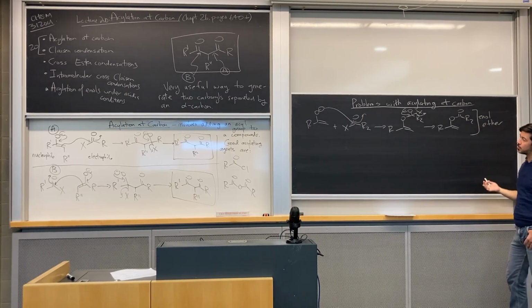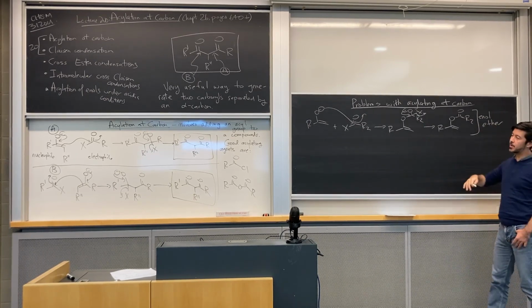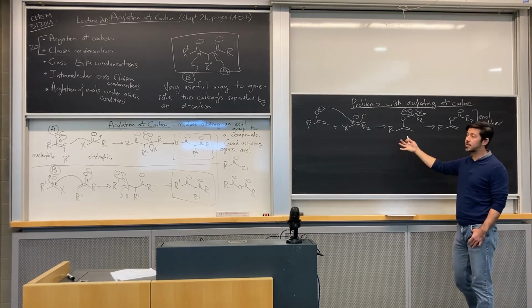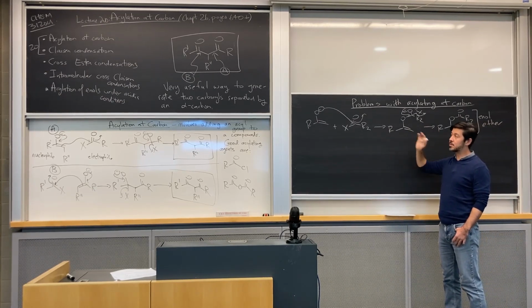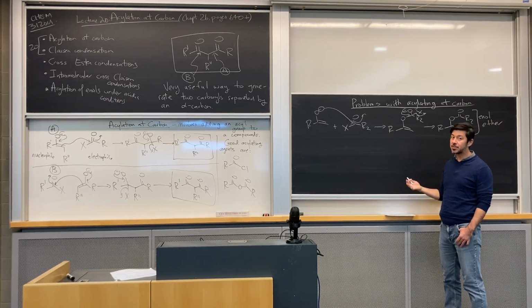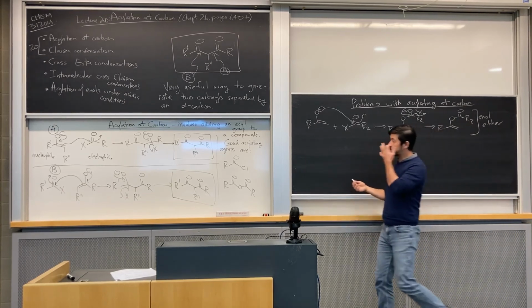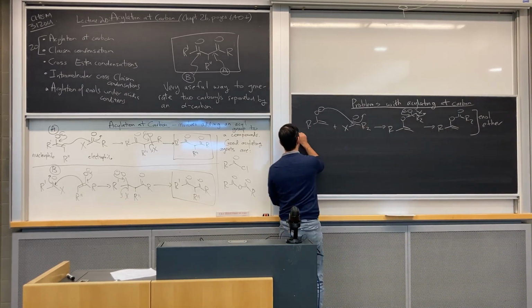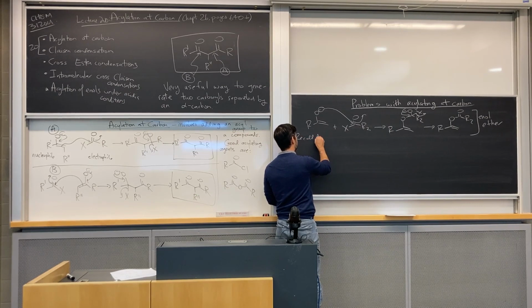And you might be wondering, well, why are we worried about this now with acylating a carbon when we've had similar examples when we looked at the Aldol reaction, for example? Well, let's take a closer look. So recall the Aldol.